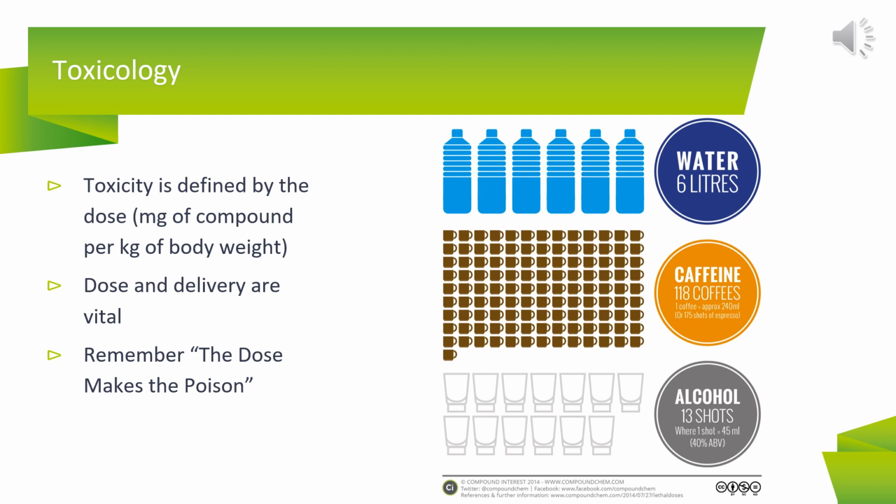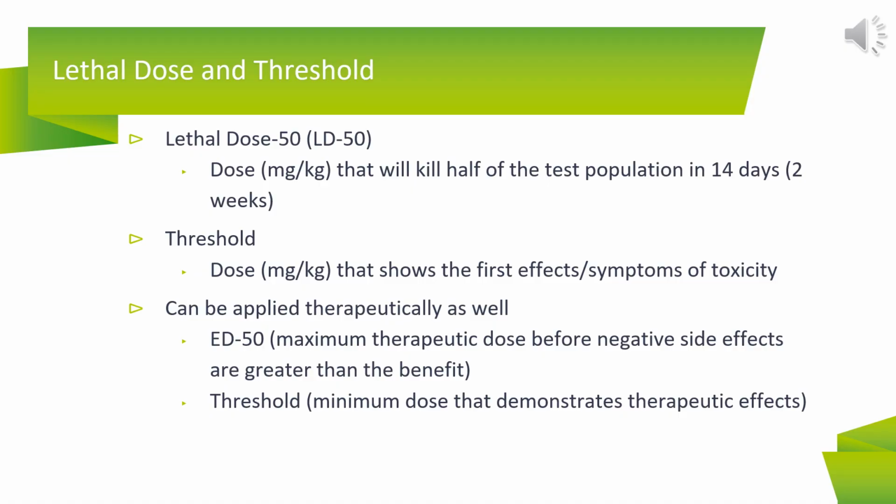So the idea here is I want you to think about dose and delivery. It's the dose of the substance and the way it is delivered that is going to be the defining component of toxicity. So the dose makes the poison in this case. We understand toxicity in terms of this idea called the lethal dose for 50%, or the LD50.